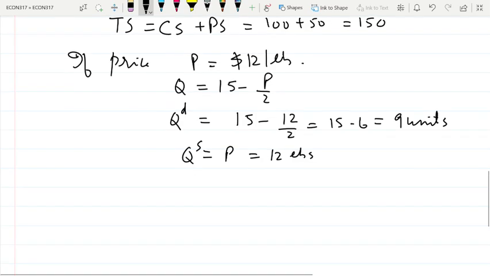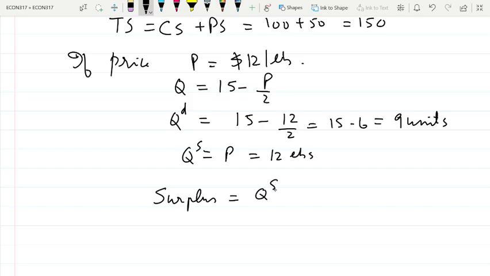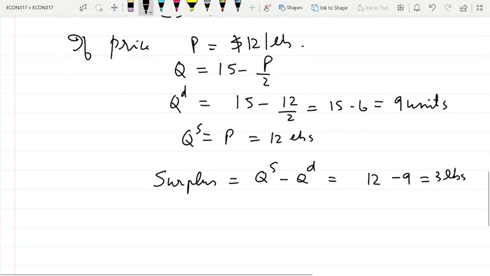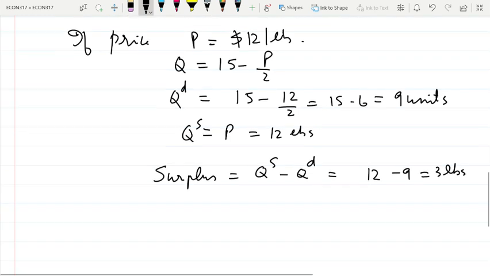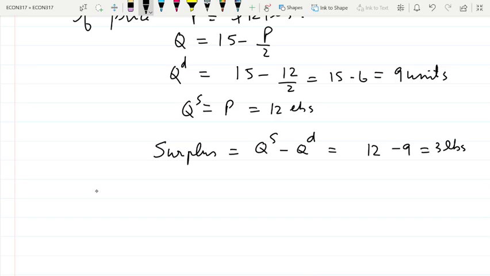Now you can see quantity demanded is 9, quantity supplied is 12. So we have a surplus, which is quantity supplied minus quantity demanded: 12 minus 9, 3 pounds. So if price is above the equilibrium, we have a surplus, and the surplus is exactly 3 pounds here. Next, suppose the price is below the equilibrium, say $6 per pound.